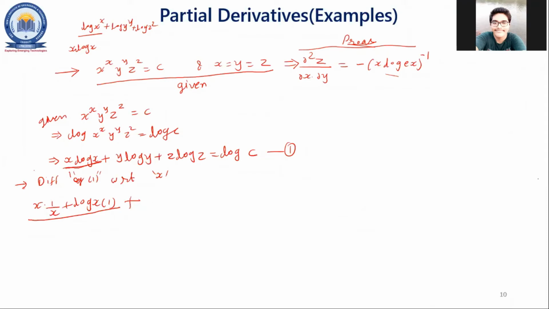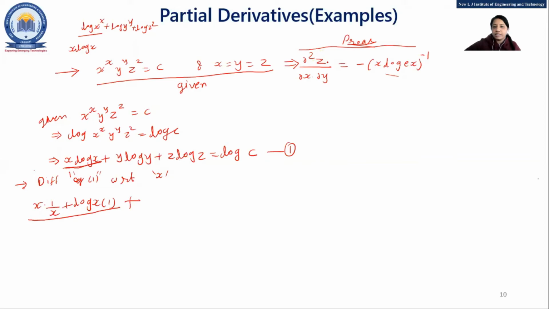What about this z log z? It will be del z upon del x into log z plus that 1, that means del z by del x. That means for z log z the multiplication rule will be applied. Some students may make a mistake here because z is not a constant. Why are we not considering z as a constant?